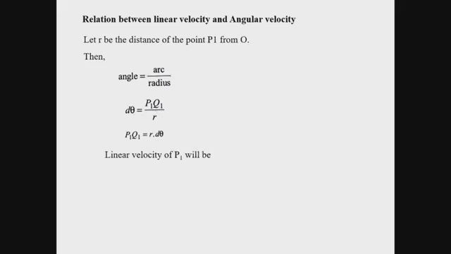Then the linear velocity of P1 will be given by v is equal to P1Q1 upon dt. If we put the value of P1Q1, that is r d theta, we get r d theta upon dt. Since omega is equal to d theta by dt, finally we get v is equal to r omega.